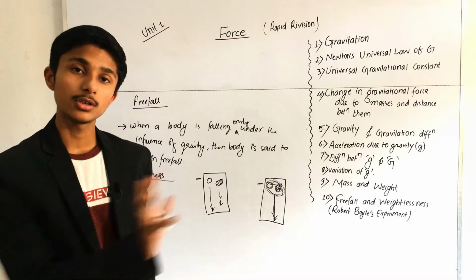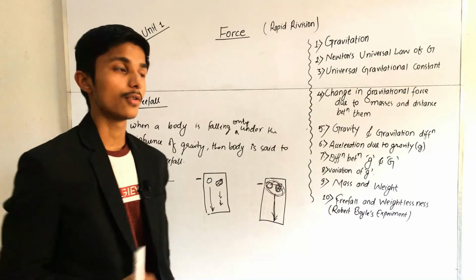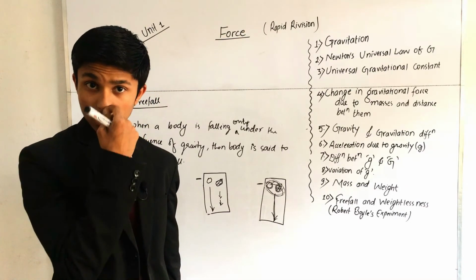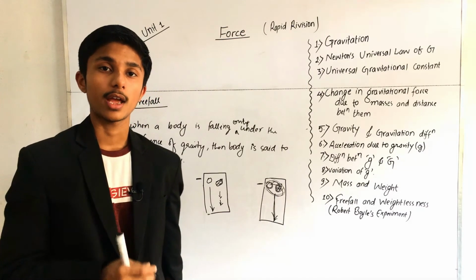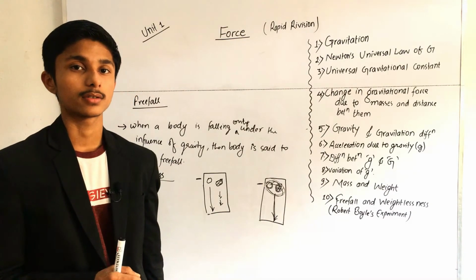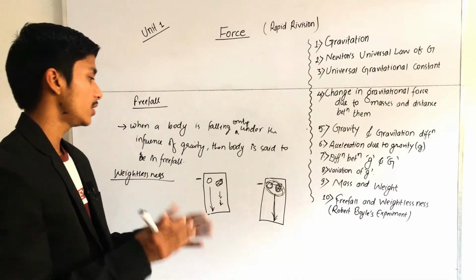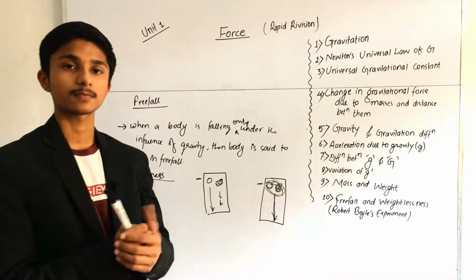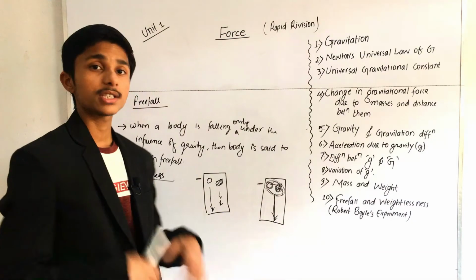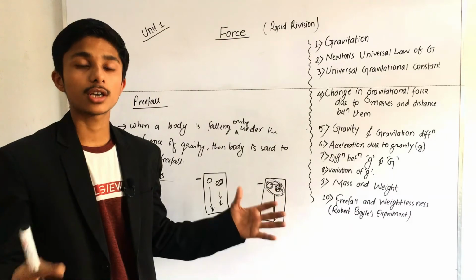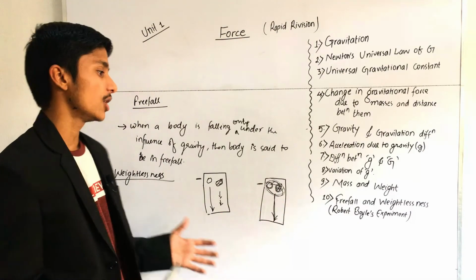Suppose someone pushes you from the ceiling, then you feel a loss in your weight, and this loss in your weight is called weightlessness. It means when we fall from somewhere, we feel a loss in our weight, and this loss in our weight is called weightlessness.